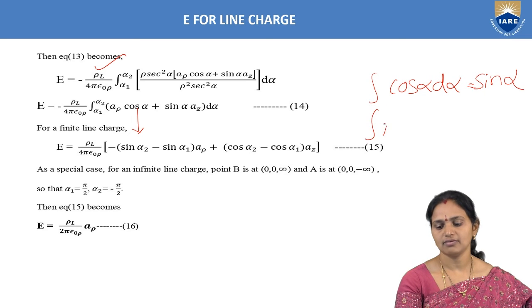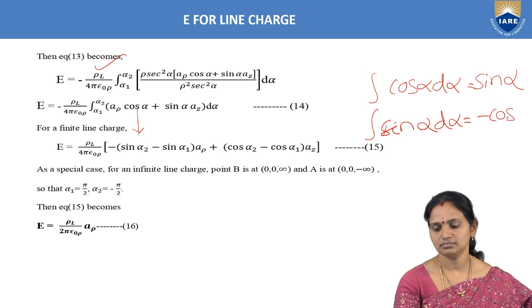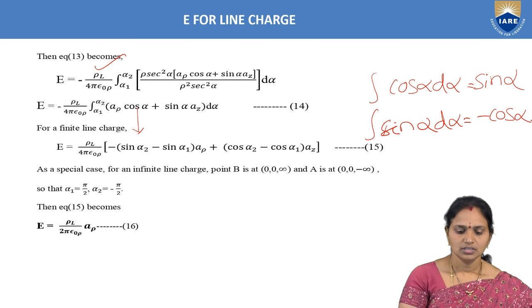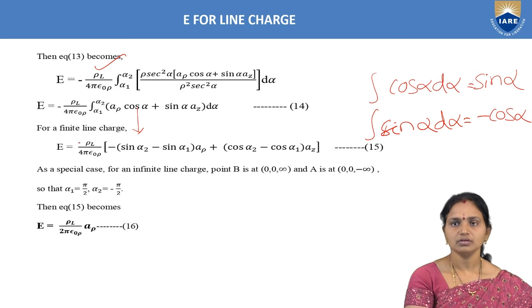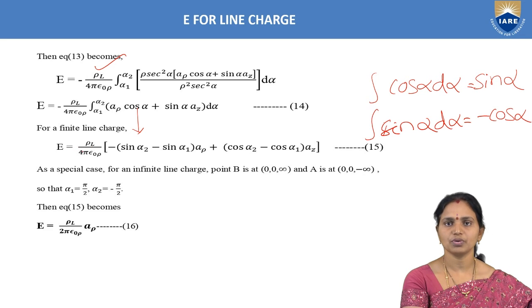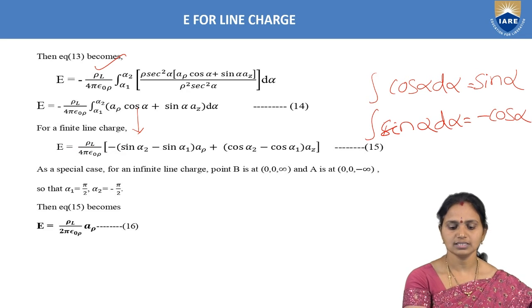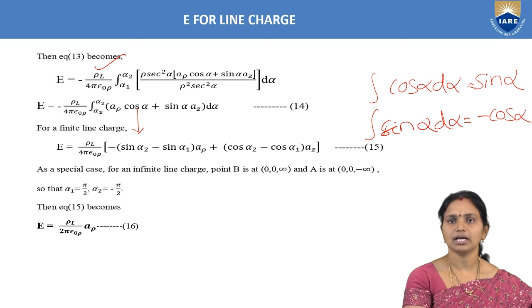Similarly, integral sin alpha d alpha equals minus cos alpha. So now we have minus before. By taking this one inside, E equals rho L by 4 pi epsilon naught rho minus sin alpha, and by applying the limits this will become sin alpha 2 minus sin alpha 1.